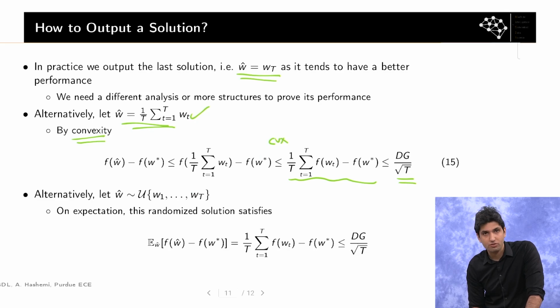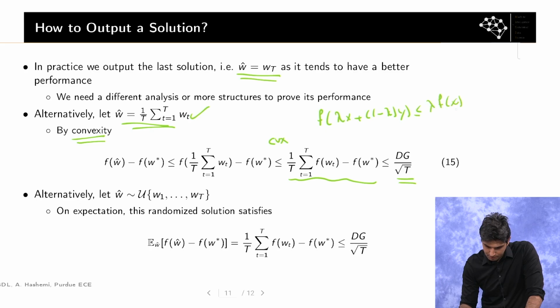Here I'm just using the first definition of convex functions. If you recall, the definition was, for instance, f of lambda x plus 1 minus lambda y is less than or equal to lambda f of x plus 1 minus lambda f of y.